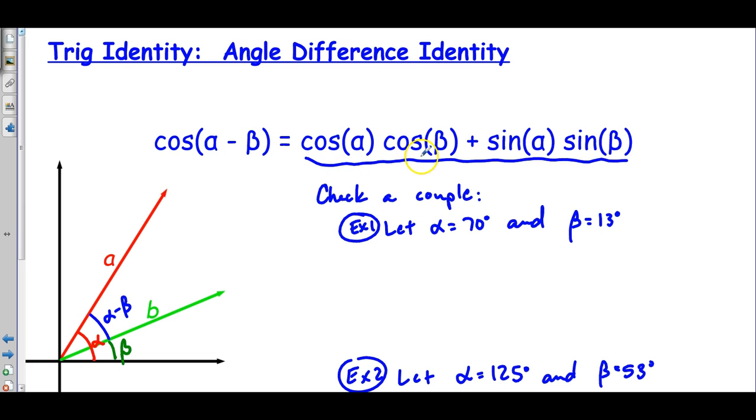And so generally what that means is we can just take this expression and substitute this in. And remember, alpha minus beta is the angle between our vectors, vector A and vector B.